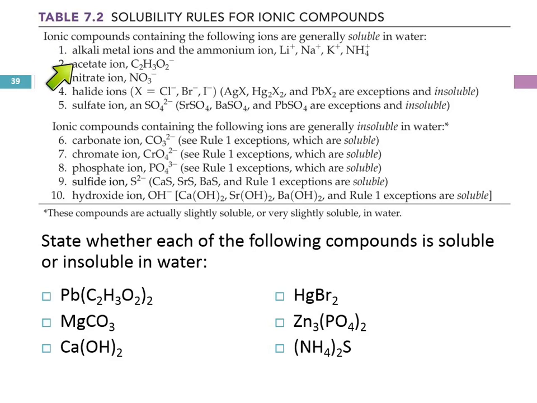Manganese, I look through all of this, manganese hydroxide, I'm not seeing anything, not seeing anything. I get all the way to the bottom, hydroxide ion. Hydroxide compounds generally insoluble, except for calcium, strontium, and barium. Manganese is not mentioned, and so that's what tells me it's not soluble, it's a solid. Okay, that's a good question.